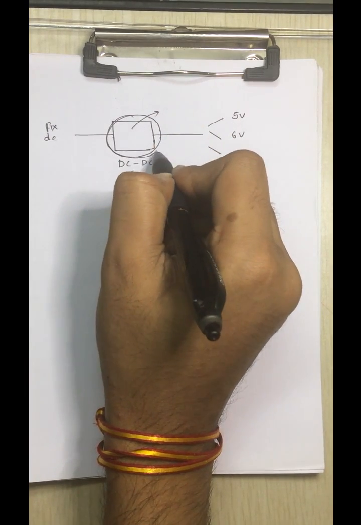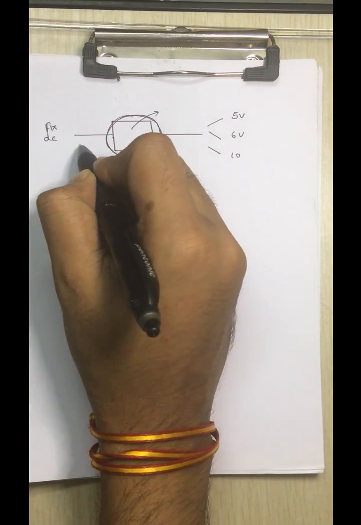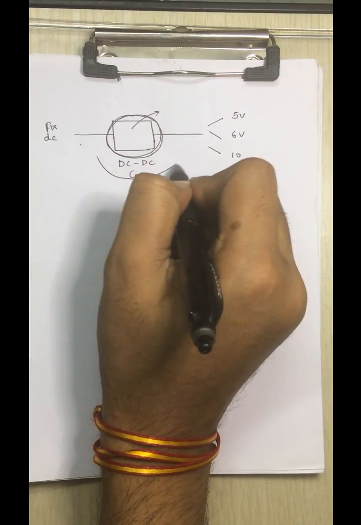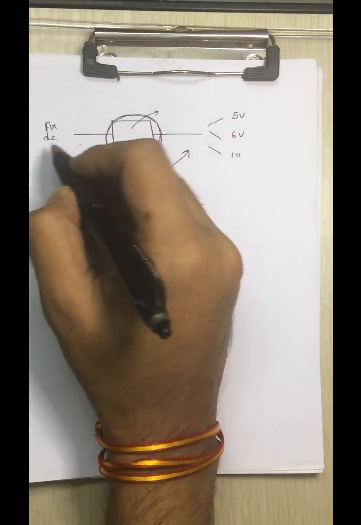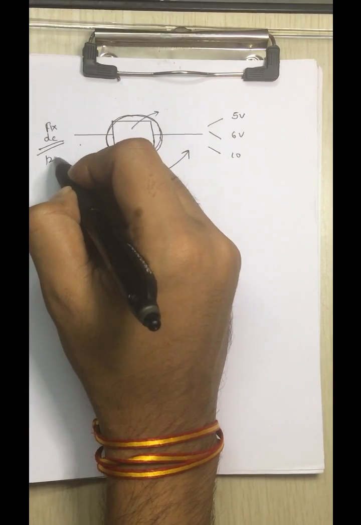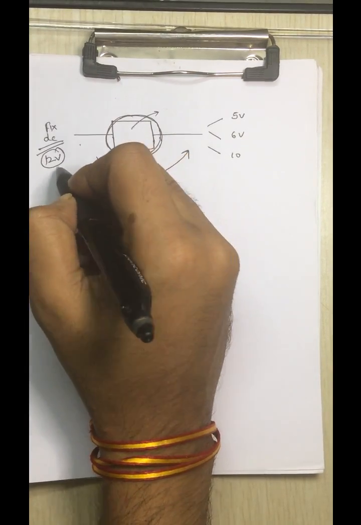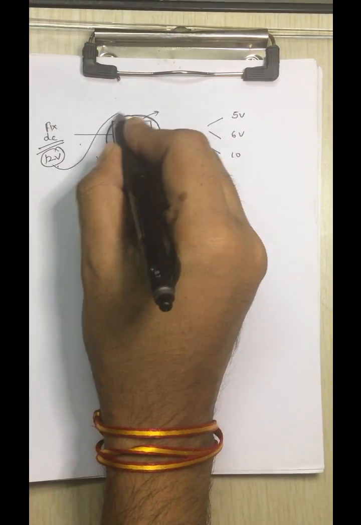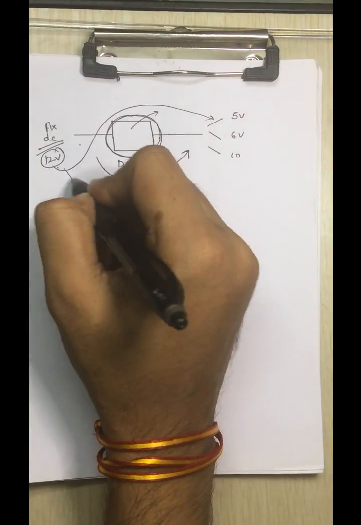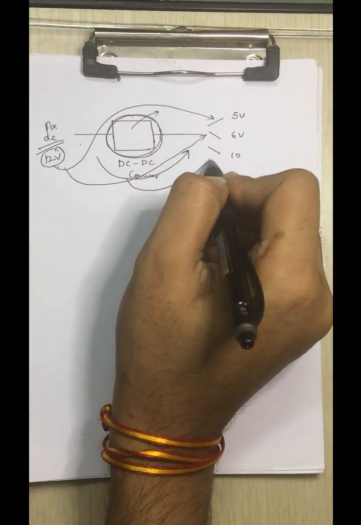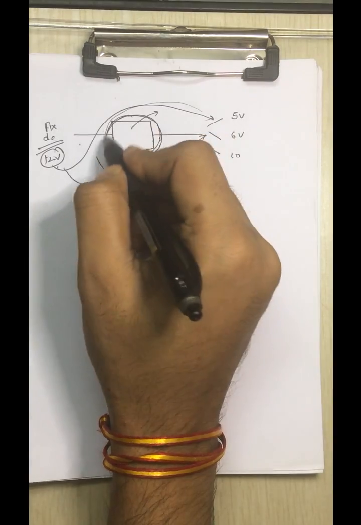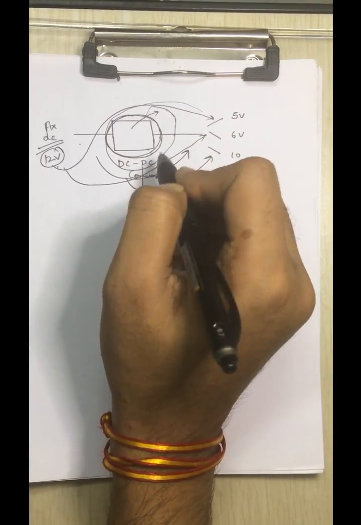This converter is generally used to convert the fixed DC into variable DC. Suppose you are giving 12 volt. From this 12 volt you are able to get 5 volt, 6 volt and 10 volt. How we will get it, later on I will talk on this.